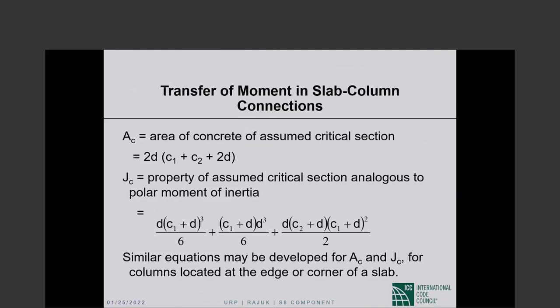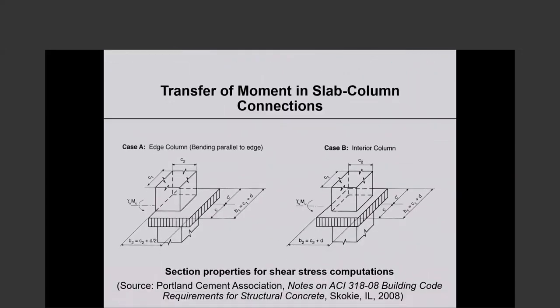The A sub C and J sub C, in order to do these calculations, we have to be able to figure those out. And to help you, I have reproduced from the PCA notes from ACI 318 the information you will need basically for all the situations that you will ever face.